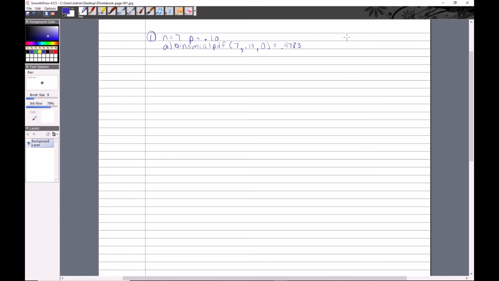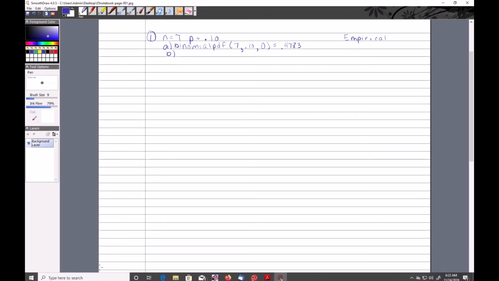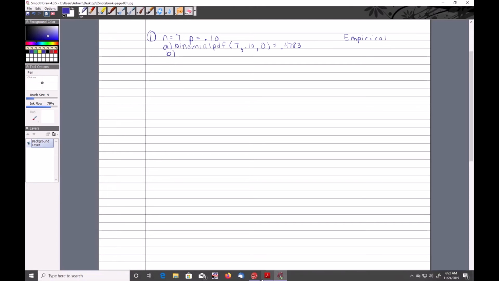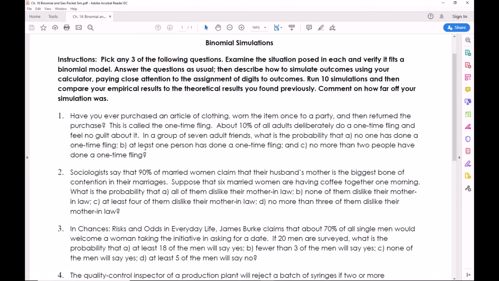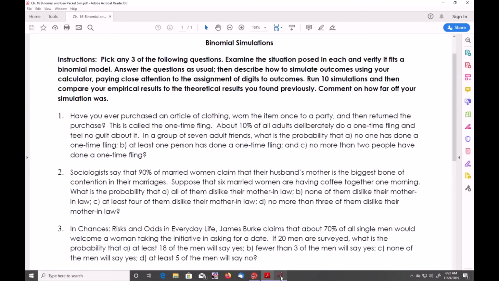We're going to put empirical here from our simulation across from it so we can do a comparison. And what was the second one, or part B on this? Let me get this up here. All right, B is at least one person has done a one-time fling.